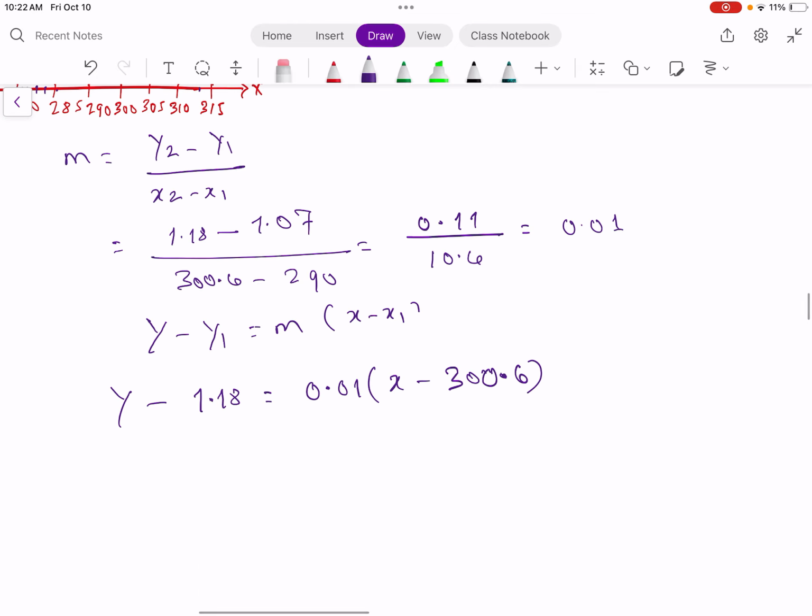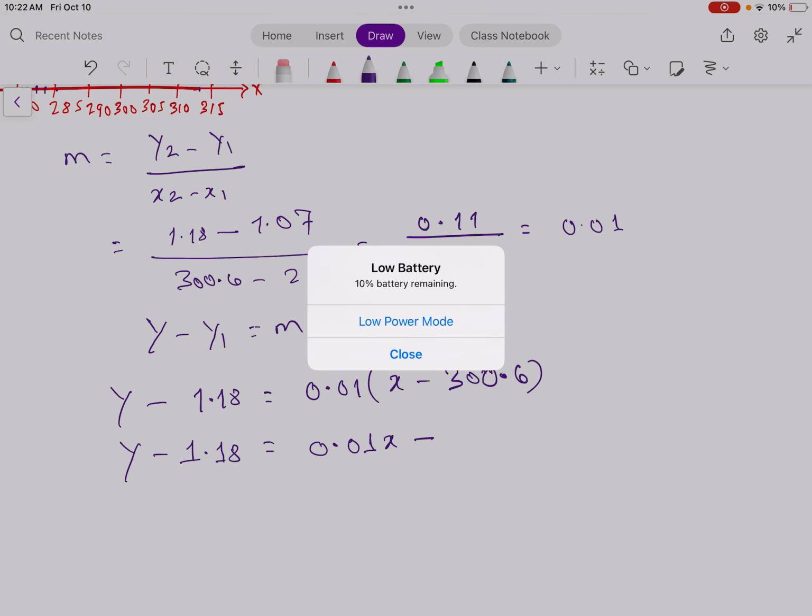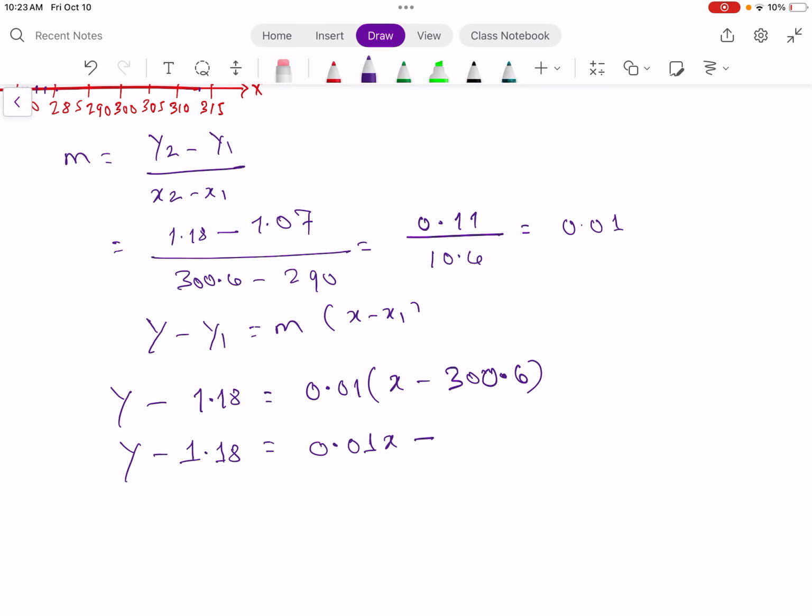So this is y minus 1.18 equals 0.01x minus, now 300.6 times 0.01. What does that equal to? 3.006. Thank you.